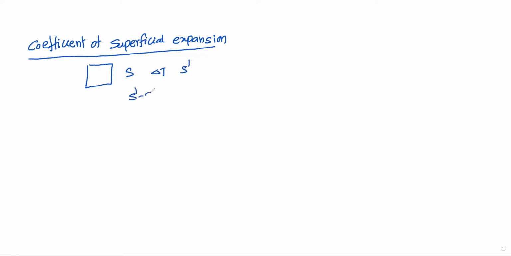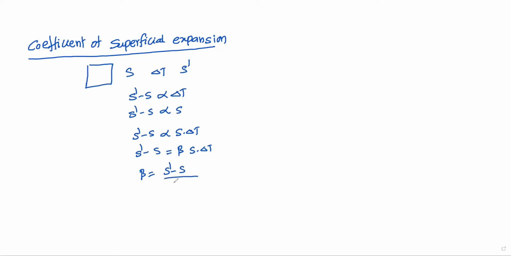S dash minus S is directly proportional to delta T, and directly proportional to S. So S dash minus S is directly proportional to S into delta T. So S dash minus S is equal to beta into S into delta T. From that, beta is equal to S dash minus S by S into delta T, which is delta S by S into delta T: the increase in surface area by original surface area into rise in temperature.